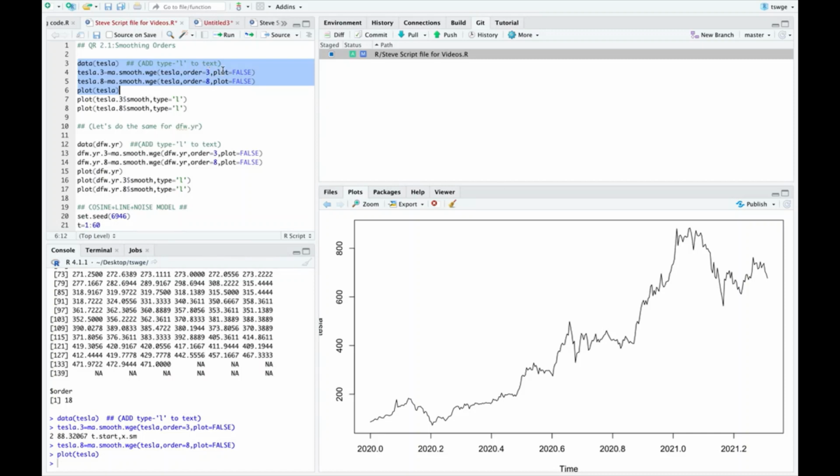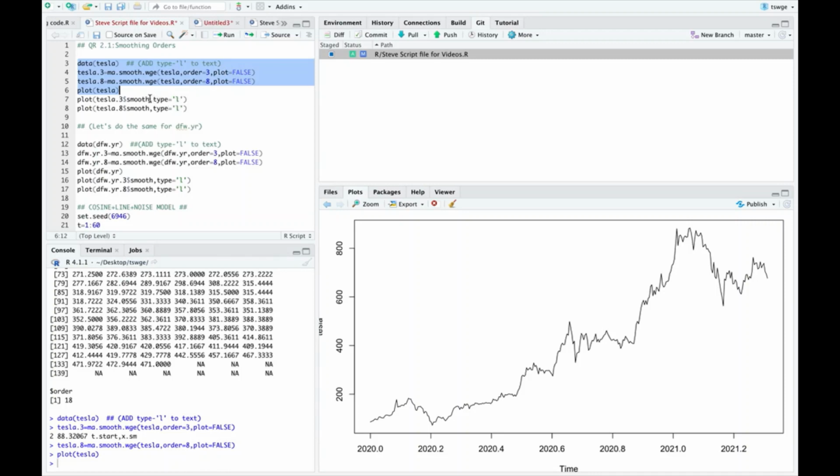Plot equals true would take that smooth data and overlay it on top of the actual data. We've said plot equals false here because we want to look at things one at a time and not crowd the plot. So that's the syntax for ma.smooth.wge. Very easy to run. That's good news.